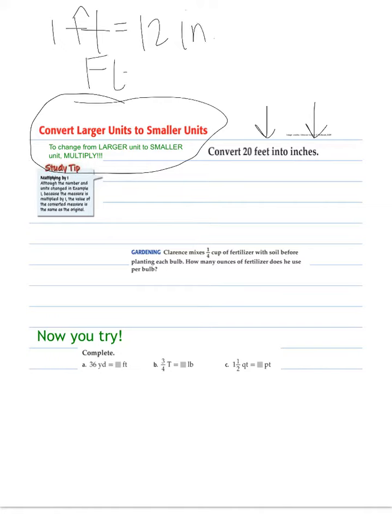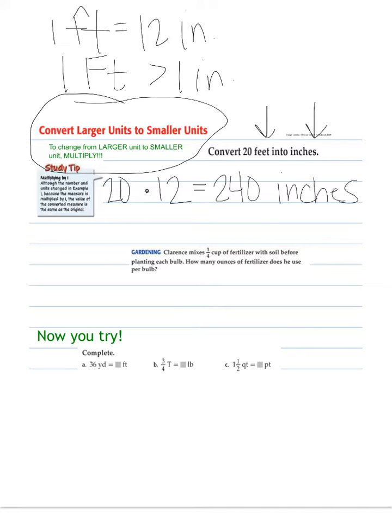I also know that 1 foot is greater than 1 inch. So that means I multiply. So I will take 20, because I have 20 feet, times 12, because there's 12 inches in a foot, and I get 240, and then I label it with inches. Labels are really important.